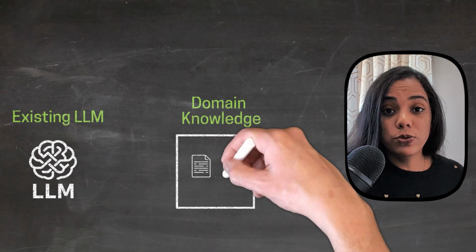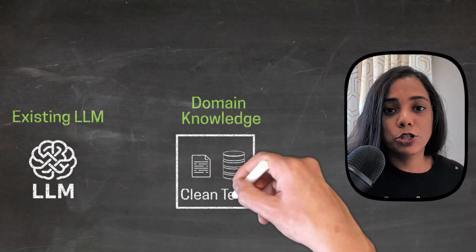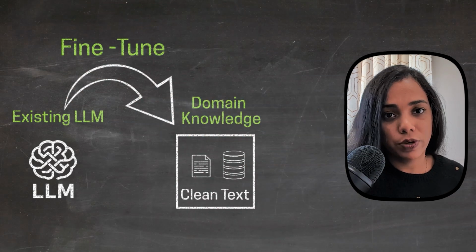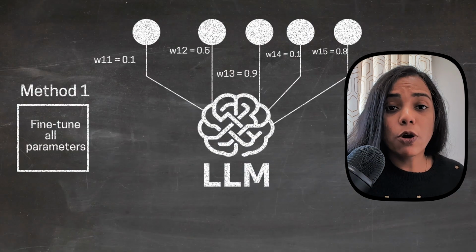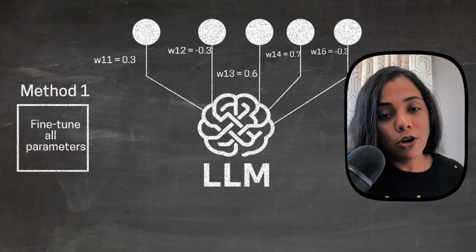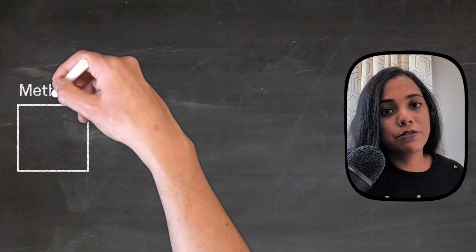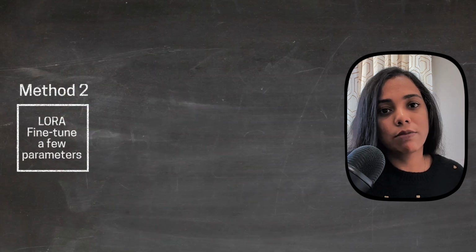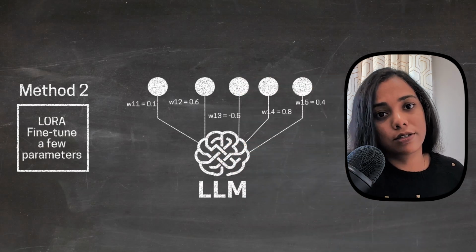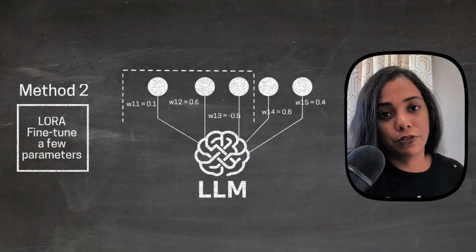Now you can use this additional data that you have collected to fine-tune the model. And you can do this in two ways. You can fine-tune all the parameters of the model using this additional data, or you can use an adaptive way where you use something like LoRA to only adapt a few layers or a few parameters of the model.